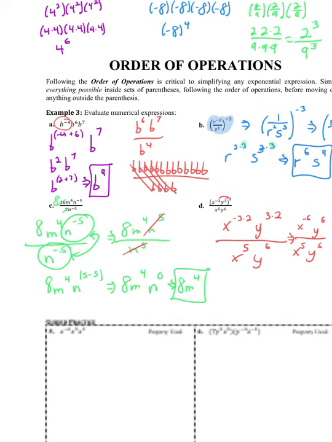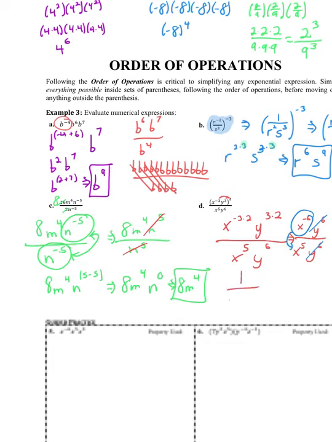One thing I noticed right off the bat, I have a y to the 6th divided by y to the 6th. So I can get rid of those. Something else I noticed, I have an x to the negative 6th that I need to move to the denominator of the fraction.